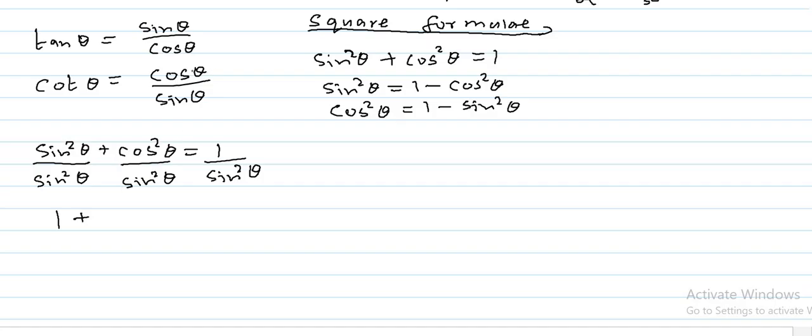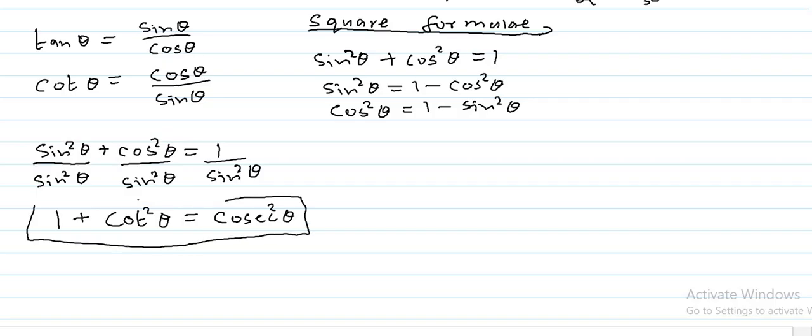Remember, cos over sine is cot. This is the same as cot squared theta, which will be equal to 1 over sine, which is cosec. If it's squared, it will be cosec squared theta. This is another identity that is important to know.